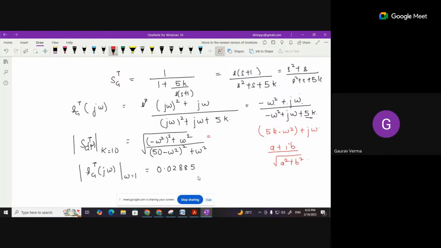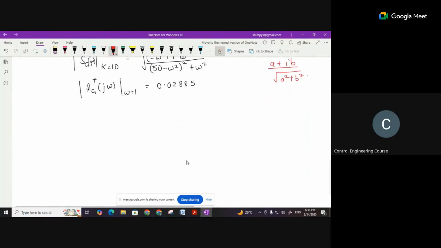But when you see the second part of the question, where we have to find out the sensitivity of our transfer function with respect to H, that is percentage change in T by percentage change in H. If you derive this entire thing, you will get this as minus GH by 1 plus GH. Right?